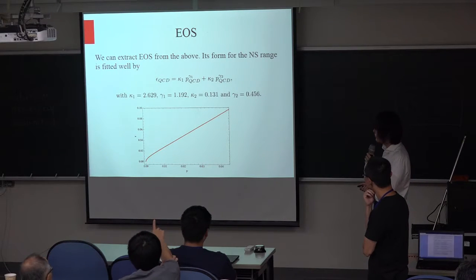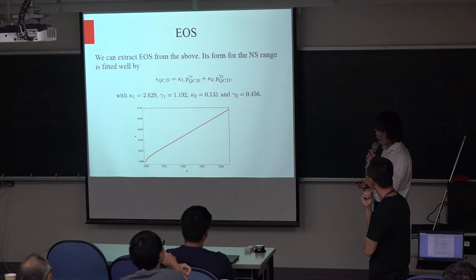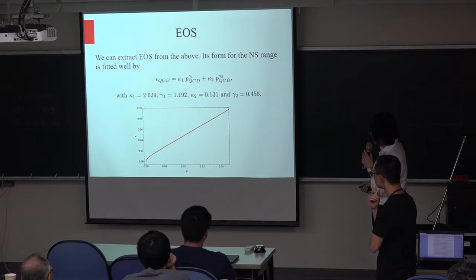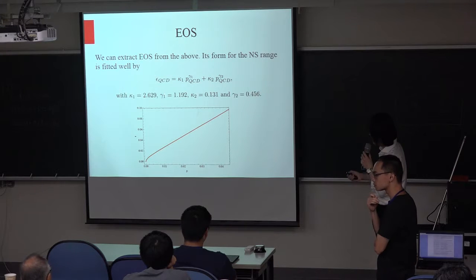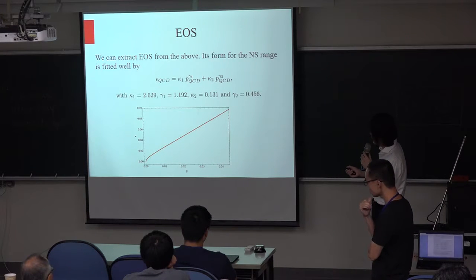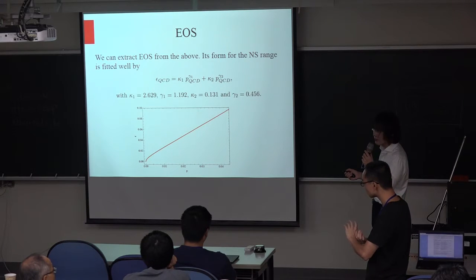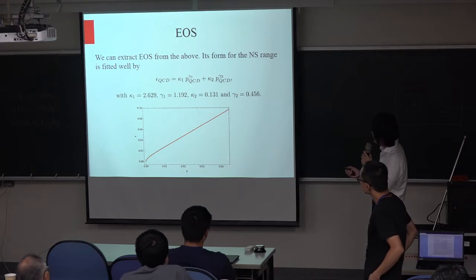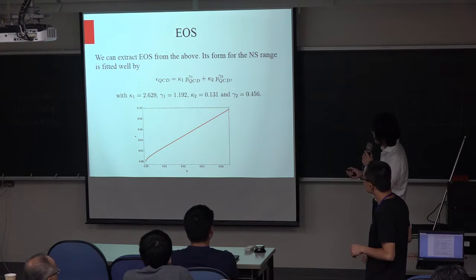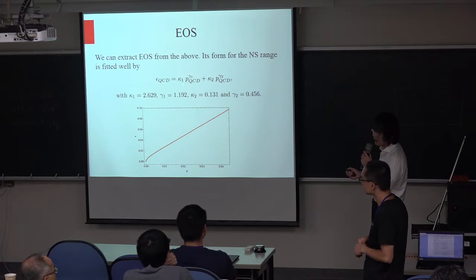I'm just worried about adding these two together, which shouldn't work. When you fix this range, you have this result, and it's not necessary to only have one single polytropic. This is something like a Taylor expansion. If you only have one single polytropic, it means it's the first order expansion.